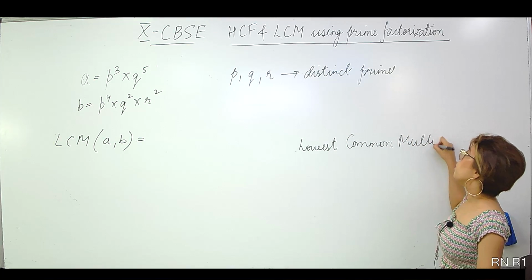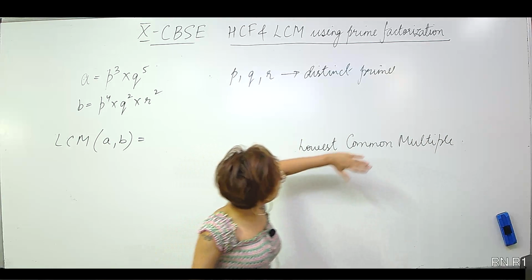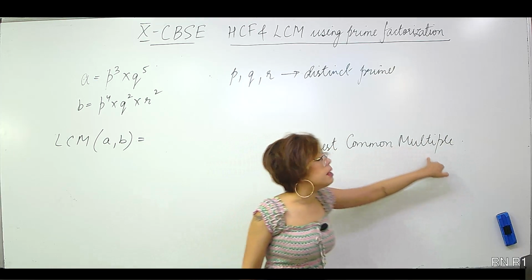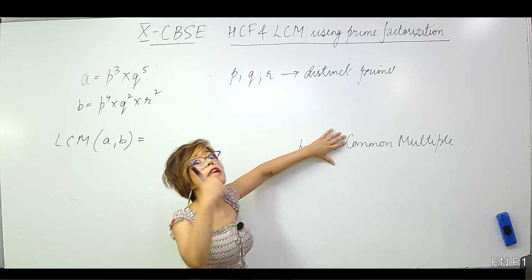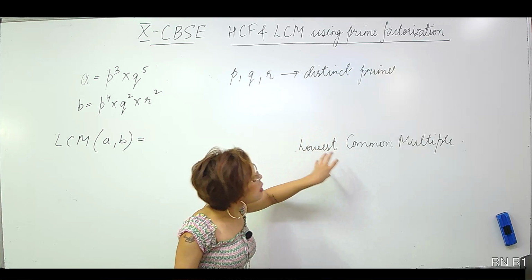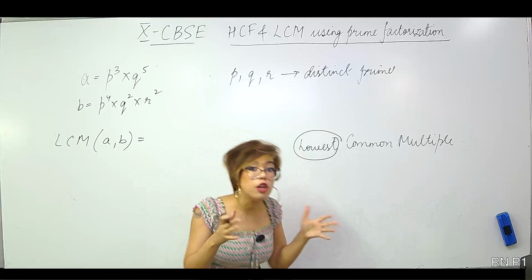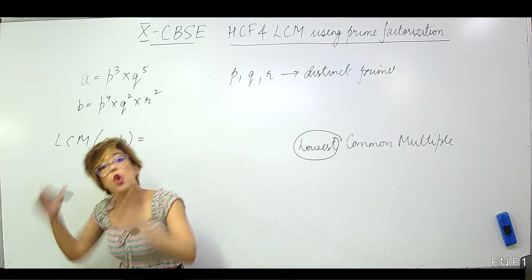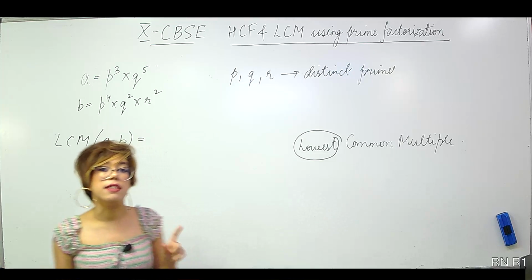Look at the word: lowest common multiple. If there are two numbers, there would be an infinite number of common multiples. I just need to talk about the lowest of them. Out of all the common multiples, I need the lowest or the least one, and that is called the LCM.